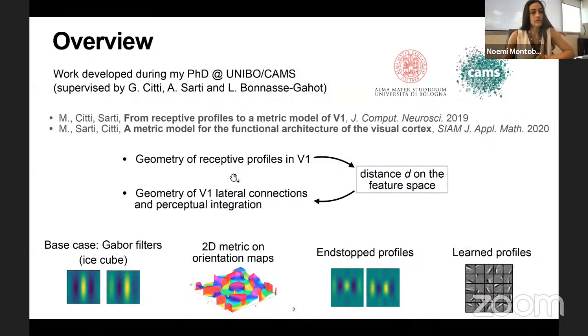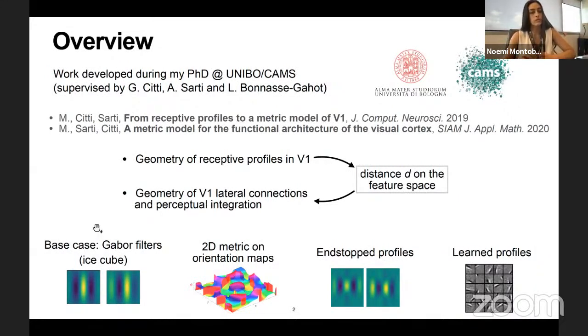Basically, given any family of receptive profiles, we want to develop a method to compute the connectivity pattern associated with them. I'll start by showing what this distance looks like in the simplest possible description of receptive profiles, say simple cells in V1, that is a family of Gabor filters with varying positions and orientations.